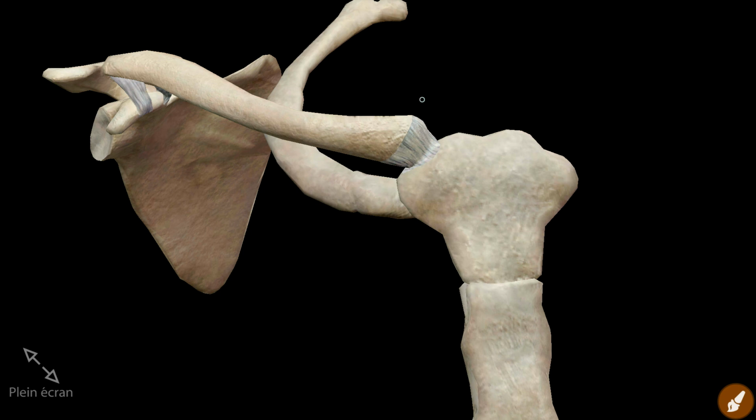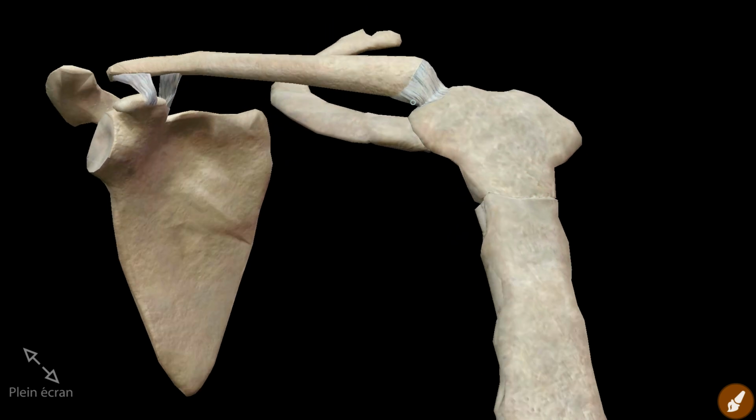The sternal end is stout, round, and has an articular surface for the manubrium, as well as a small facet onto the inferior surface for the first costal cartilage.